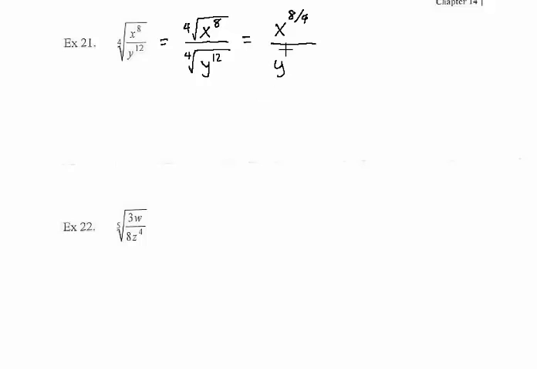Same for the y on the bottom. 12 would be divided by 4. And you see that 4 divides into both of these exponents of the x and y evenly. We get a 2 as the power of the x, and we get a 3 for the y.